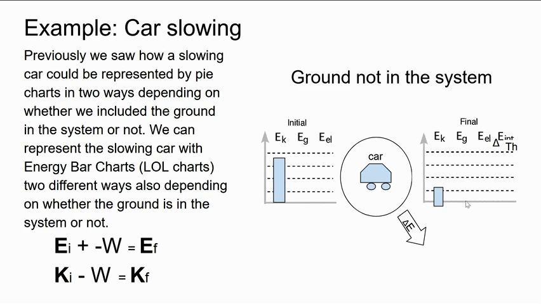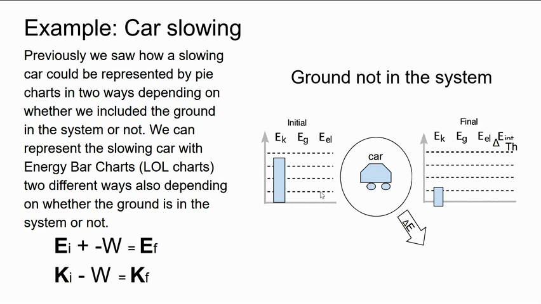Sometimes it's easier to visualize the initial and final rather than the system right away. We'd say it has some kinetic, and at the end, it has some kinetic, but not as much. Well, that doesn't make sense according to the law of conservation of energy, so the energy must have left or gone somewhere. That's what we're representing as this change in these bars. We say the system is our car, and energy is leaving our system.